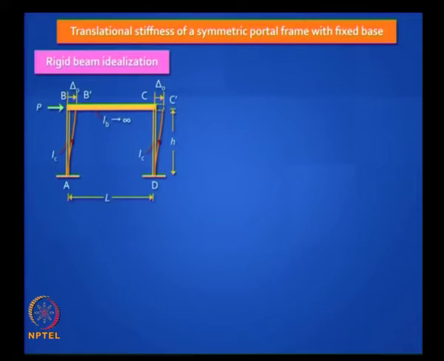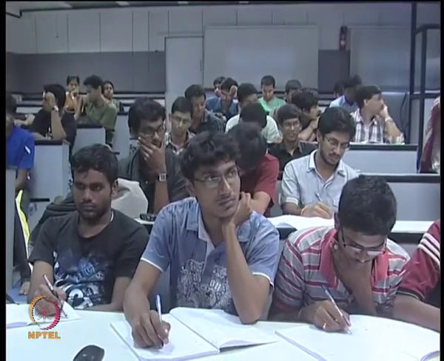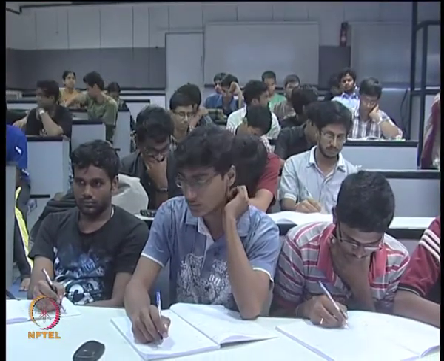Now can you give me an expression for delta naught with that knowledge? Okay, look carefully. Can you give me an expression for delta naught in terms of P, E and IC and H? Please work it out. See, this is how you check.